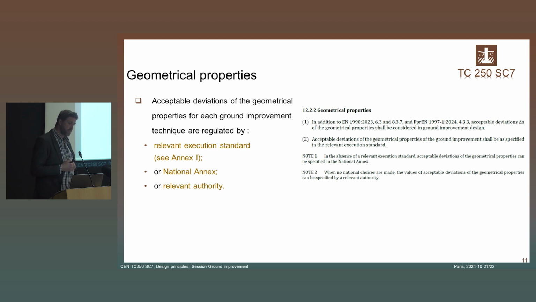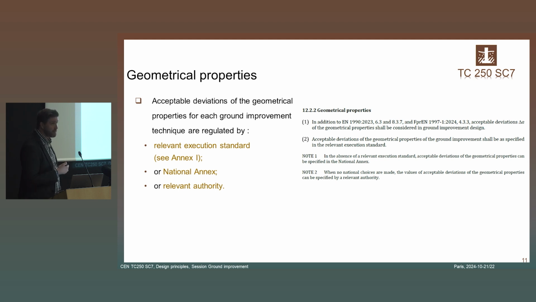Another challenging discussion was the integration of the geometrical properties in chapter 12, because when you are working with soil mixing or with jet grouting, you know that execution tolerances play a large role in what you obtain at the end of the execution process. Thus, a compromise was found inside this clause 12 to refer to the relevant execution standard for the acceptable deviations of the geometrical properties.